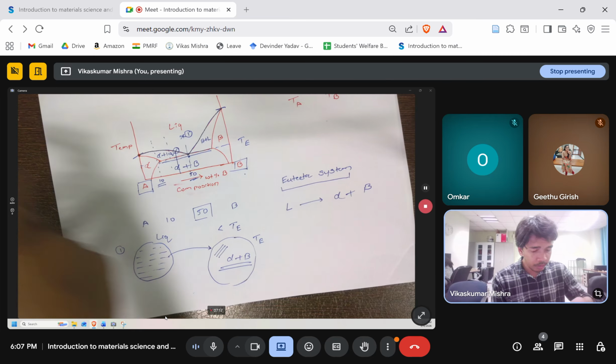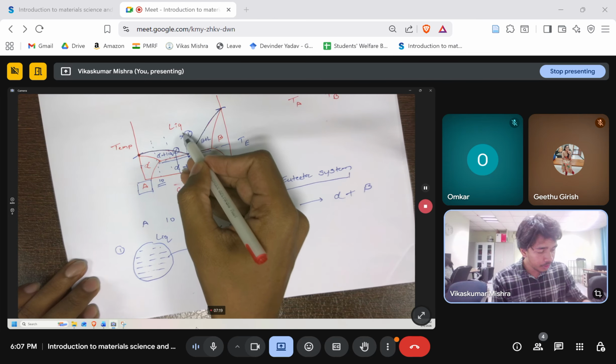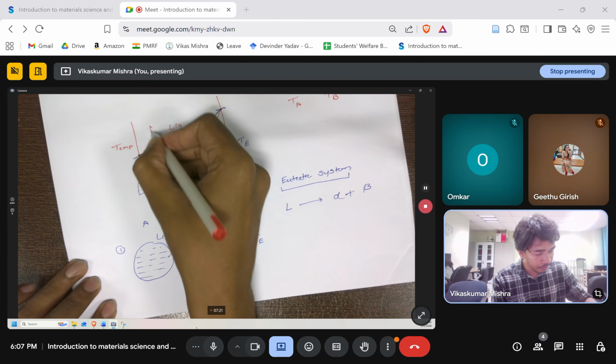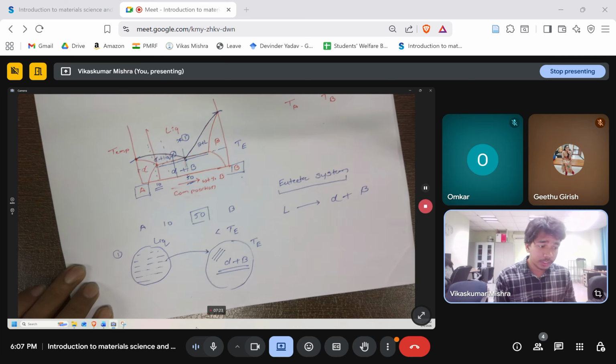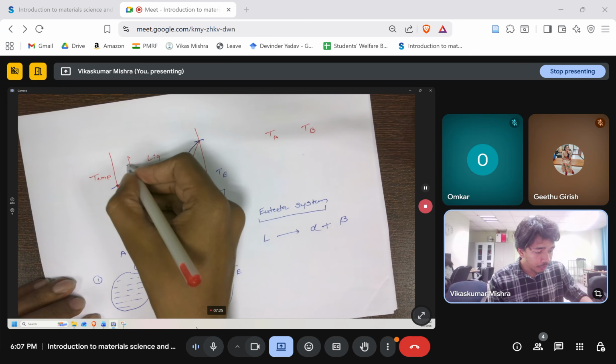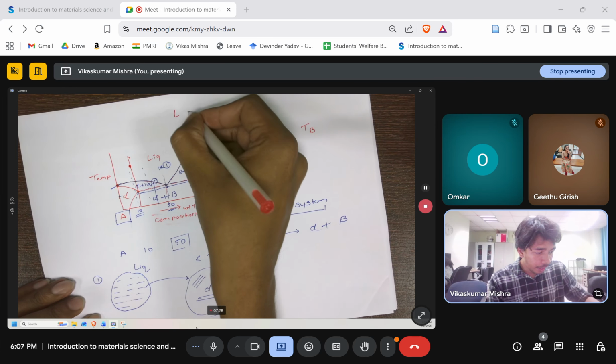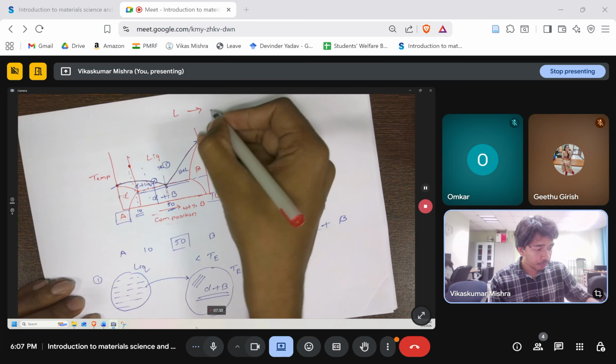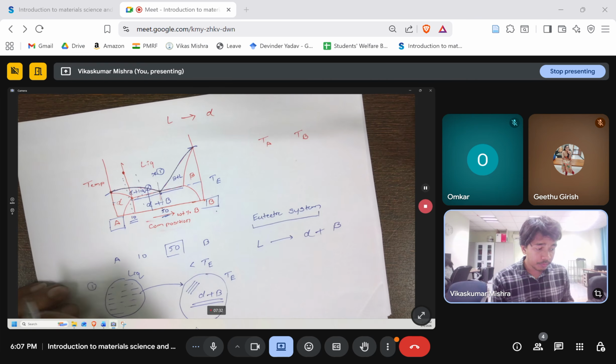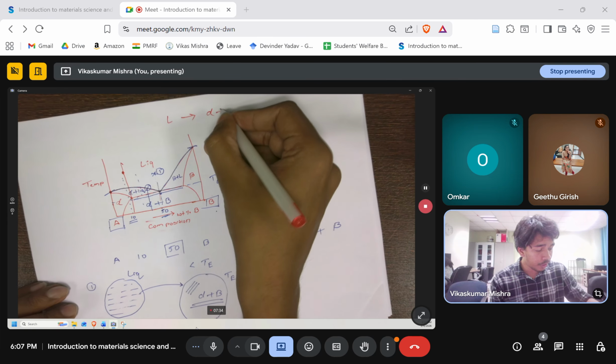Now if I take any other composition other than this particular one, let's say I'm taking the line at 10, what is happening? In this case, liquid was there, it is transforming to alpha, giving rise to alpha and liquid.